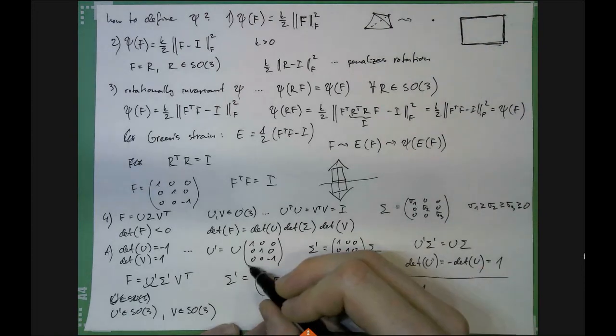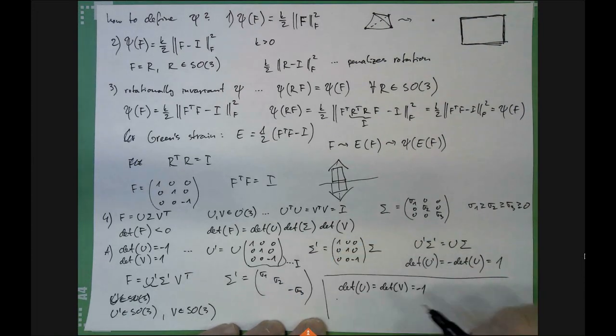Let me denote this matrix as, I don't know, I. So I can denote U prime as U I and V prime as V transpose I. It's a little bit funny because V is transposed. So I should be able to do U I sigma I V transpose, right?